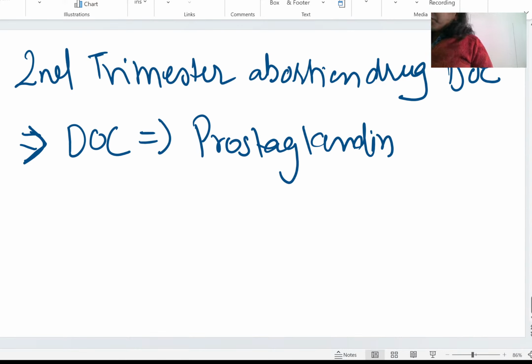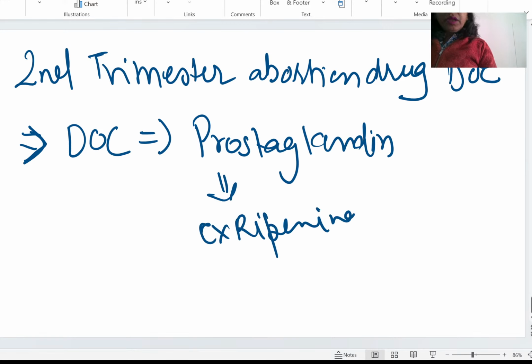Why do we use prostaglandin? Because prostaglandin does cervical ripening. In the second trimester the pregnancy is a large pregnancy, and we first want the cervix to get ripened, and then we will remove. So it is a mini labor type abortion.